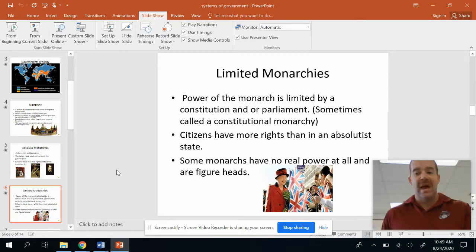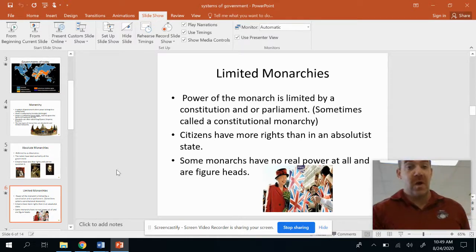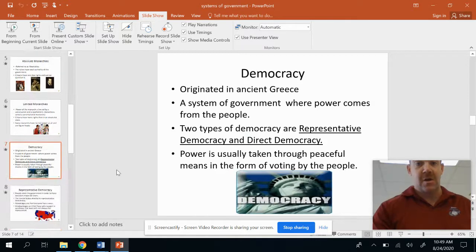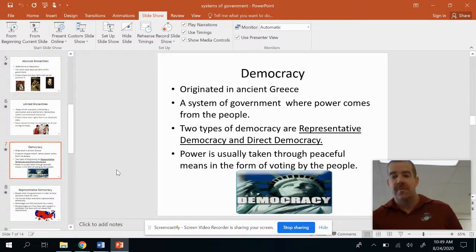They don't have full power. Their power is very limited in England in particular, but in other cases too. Not only do you have a king or queen, but you also have a government body that rules as well. That's a limited monarchy. A democracy is what we have in America, or a type of democracy.